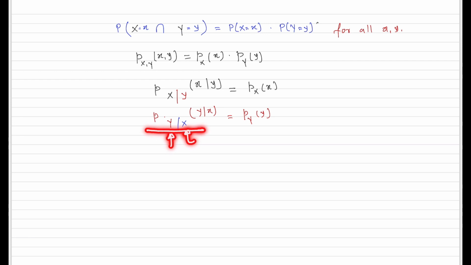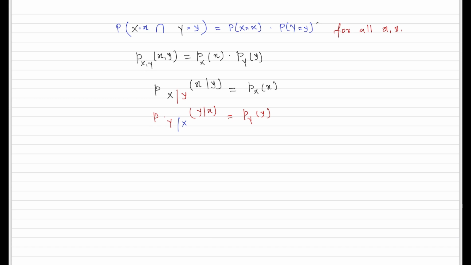If these two random variables are independent, then no matter what value x takes on, this conditional PMF will be the same as the unconditional PMF. So the point is that you might be given this condition or that condition, and based on that you will have to write this, right?